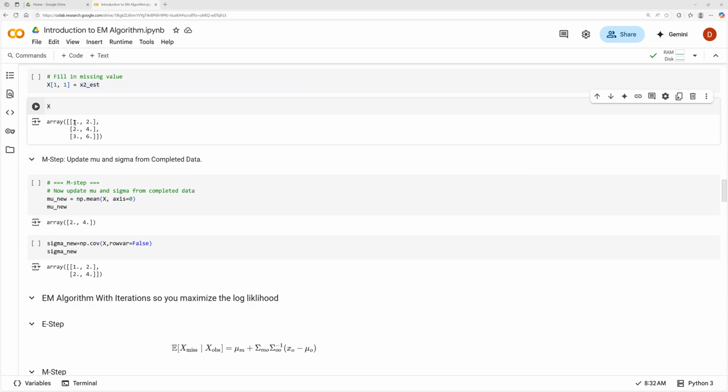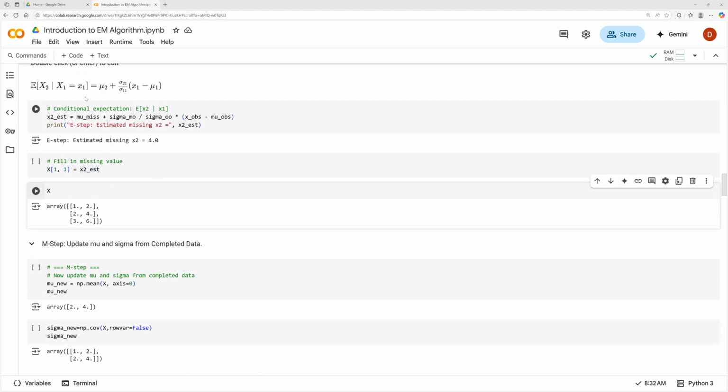If we do that, we add 1 plus 2 plus 3, which is 6, divide that by 3, and we get a 2. 2 plus 4 is 6, plus 6 is 12, divided by 3, that's 4. So this is the updated mean from the completed data, where we filled in the estimate using this expected value equation.